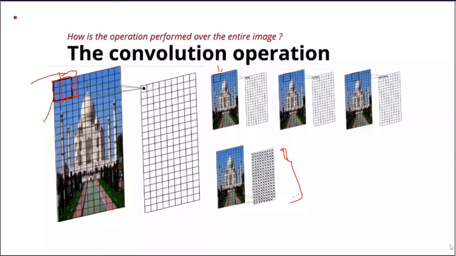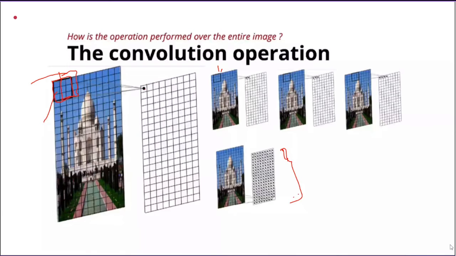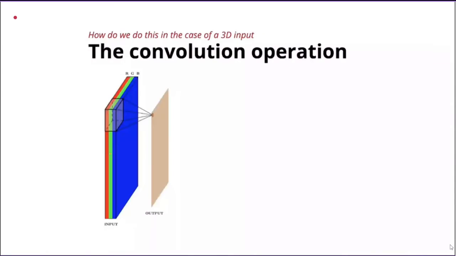What we have discussed till now is how this convolution operation is done in a two-dimensional image. Whereas we are dealing with a three-dimensional image. In a three-dimensional image, we have red, green, and blue channels.